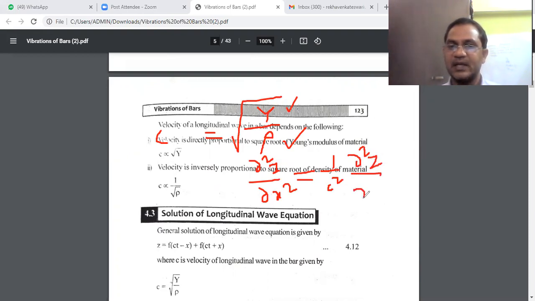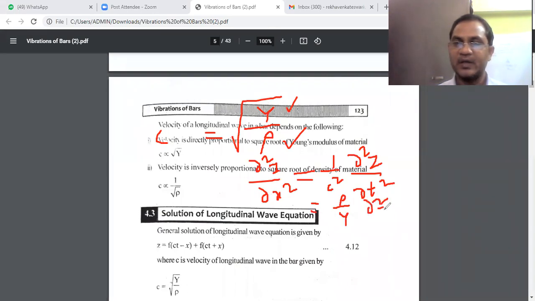This is the mechanical wave equation in standard form. Here, c² equals Y by rho, so 1 by c² is rho by Y. So ∂²z/∂x² is equal to rho by Y into ∂²z/∂t².